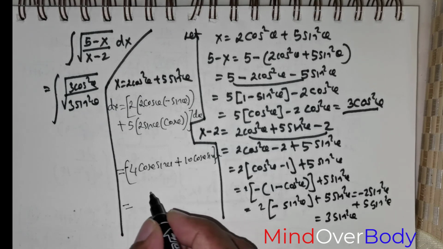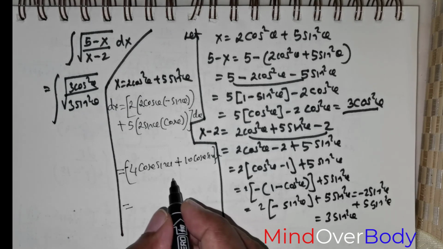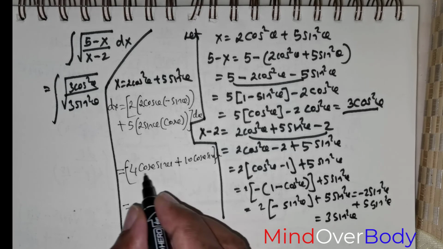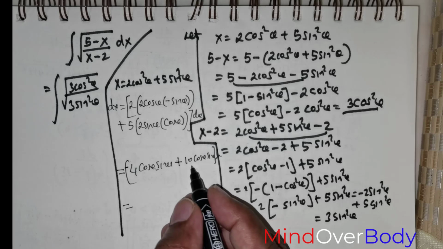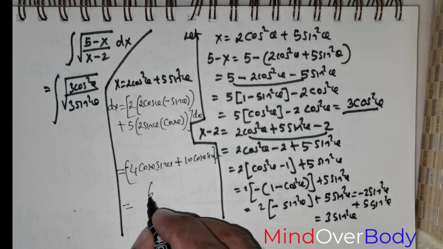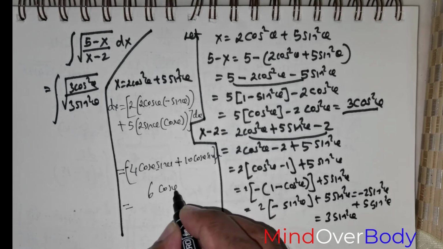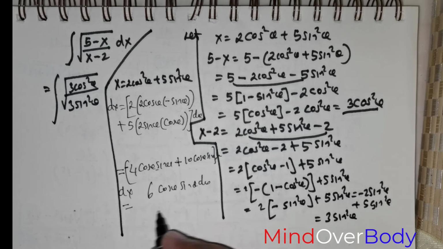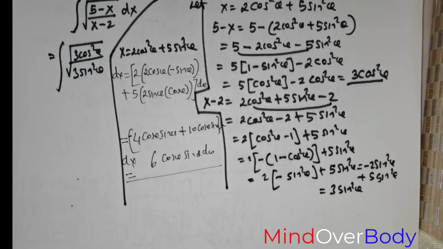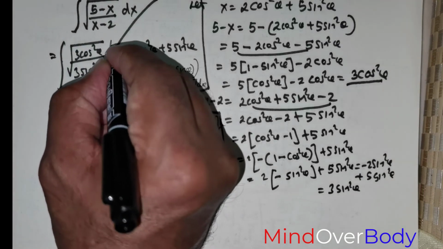So I can simplify this, right? If I were to simplify negative 4 cos theta sin theta with positive 10 times cos theta sin theta, this is going to give me 6 times cos theta sin theta d theta. So this is my dx, and I need to substitute my dx there.